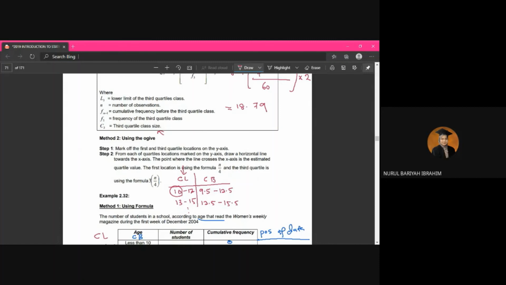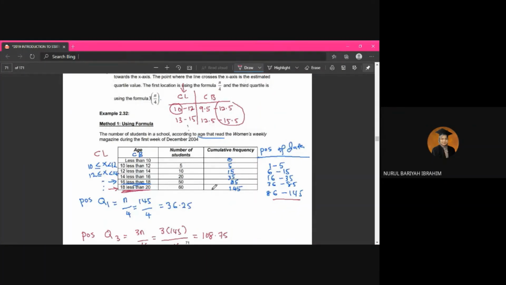Untuk nak draw ogive, the ogive will be your y-axis adalah cumulative frequency and the x-axis will be the upper boundaries, okay? Upper boundaries. So you akan ambil this value.